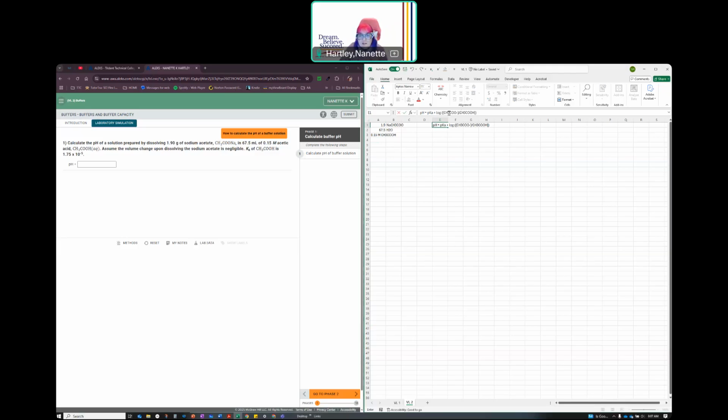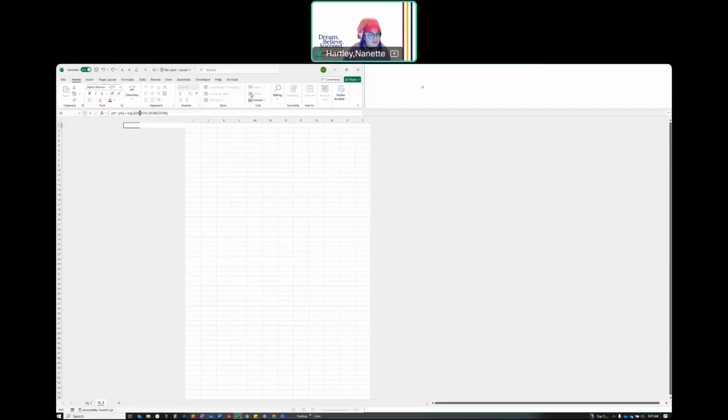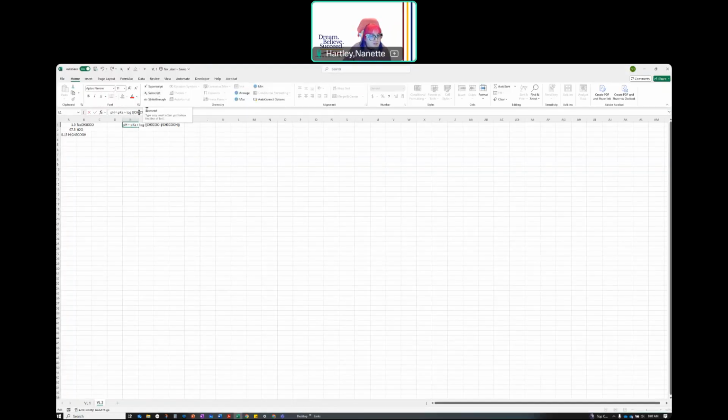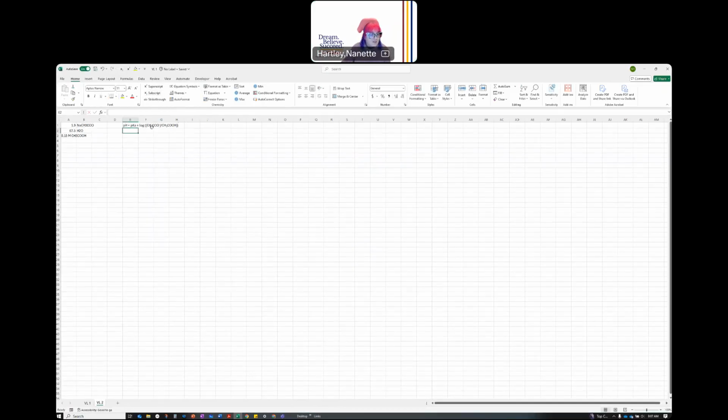And of course, if I make this wider, subscript there, superscript there, subscript there, that'll make that look pretty like I want it to.